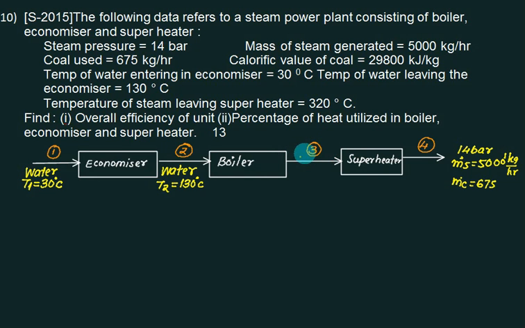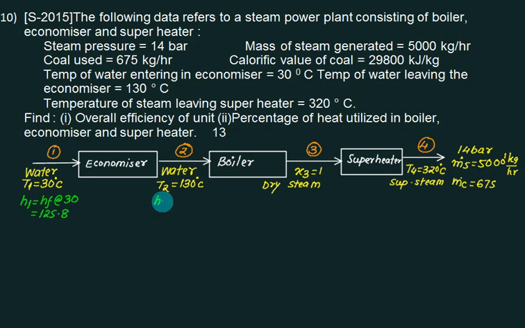Condition at the exit of boiler is given. Nothing is given about boiler, so we assume dry and saturated. And after superheater, the temperature is 320. H1 is equal to HF at 30, 125.8.